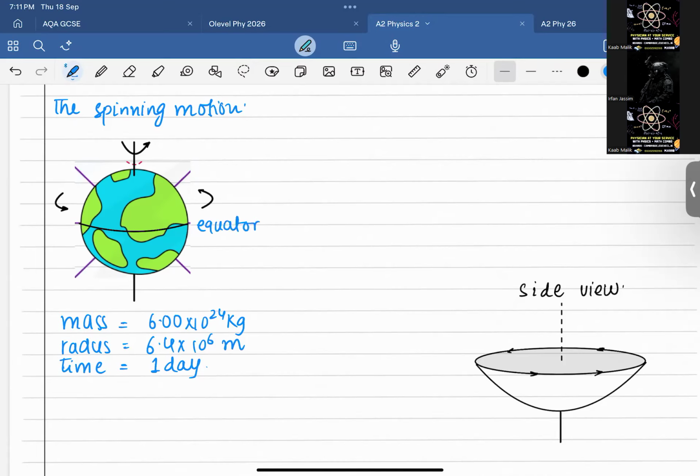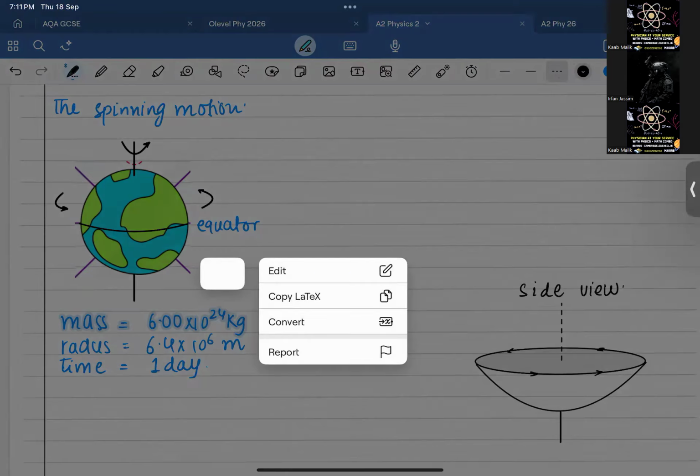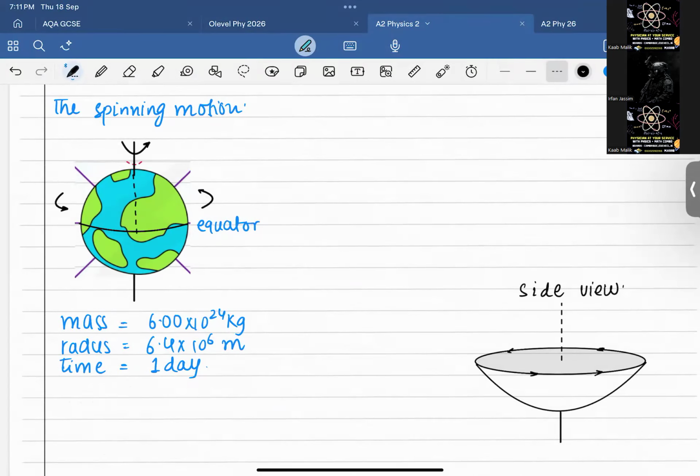And we have the vertical line, which is the axis. Both are imaginary lines: one cuts the earth vertically and the other cuts the earth horizontally. So this is the axis, and that is the equator.